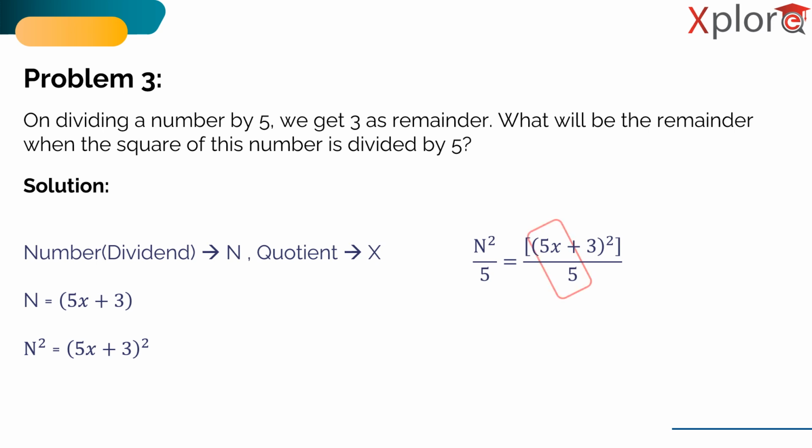Here if we observe, 5x square and 30x are exactly divisible by 5, leaving a remainder 0. So the only remainder we will get is from 3 square, which is nothing but 9. When I divide 9 by 5, we get remainder 4. So the remainder left is 4.